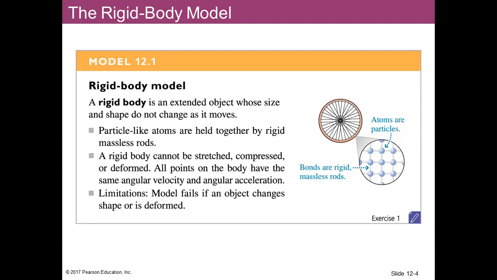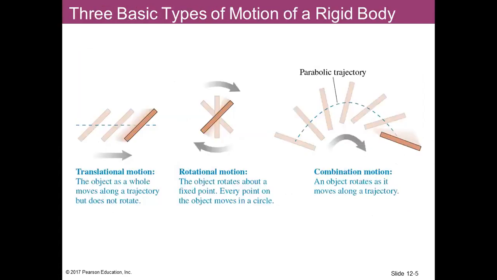All points on the body have the same angular velocity and the same angular acceleration. So you can see here this object, which is rotating on a parabolic trajectory or on a parabolic path.